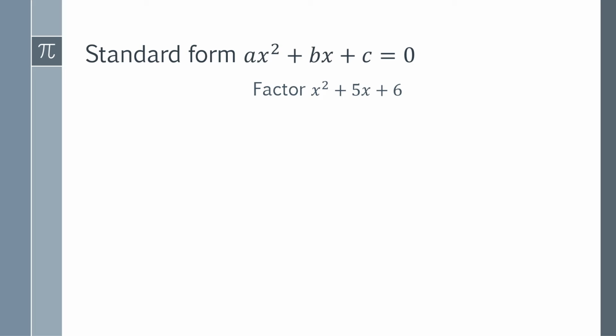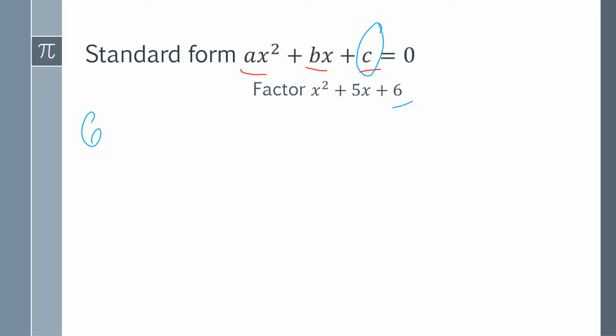All right. So let's go ahead and do this situation. All right. So when you think of factoring, you see this A, B, C. I need for you to think about the C term. So in this case, the C is 6.